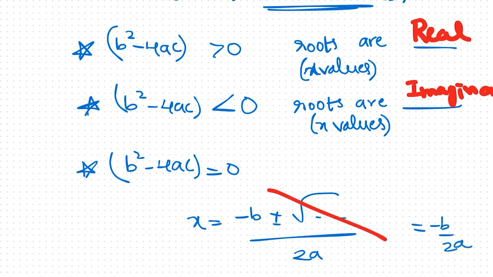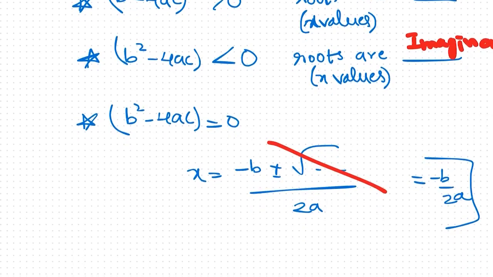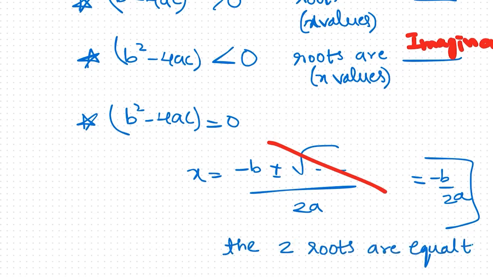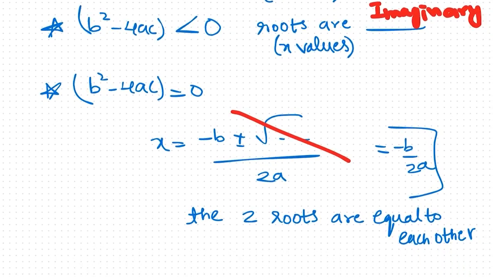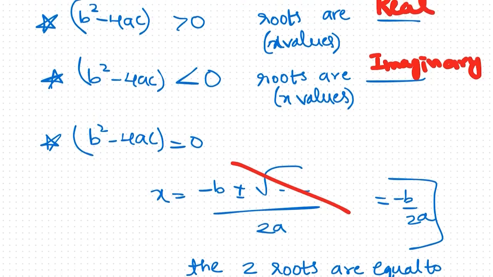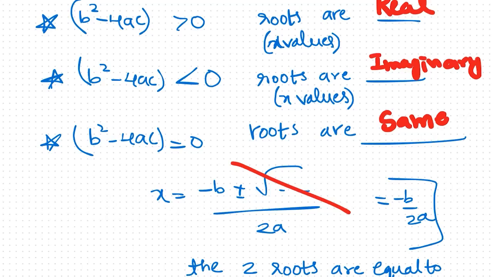Technically there should be two values for x, since quadratic means plus and minus values, but the two roots are equal to each other. So b square minus 4ac equal to 0 means the roots are equal to each other.